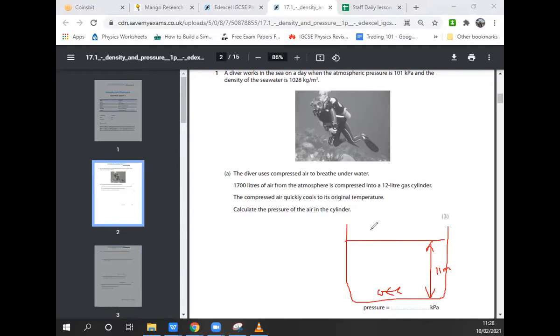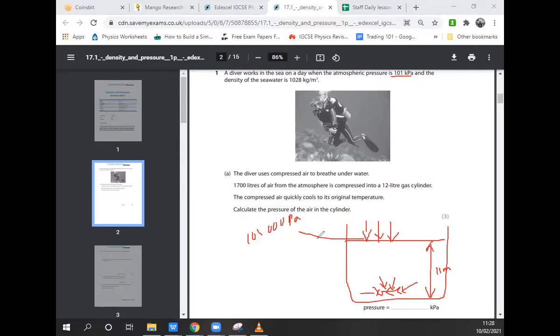But even if he was at the top, there would still be a pressure acting on him, right? Because the atmospheric pressure is acting anyway. So atmospheric pressure here, they have given, that's 101,000 pascals. So now, on top of that, when you go down, there's additional pressure due to the water, right?